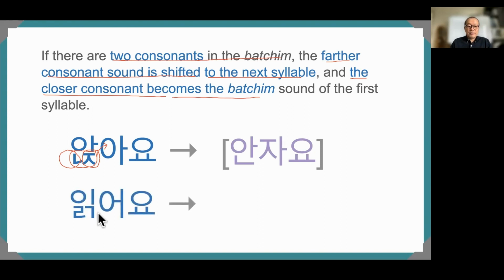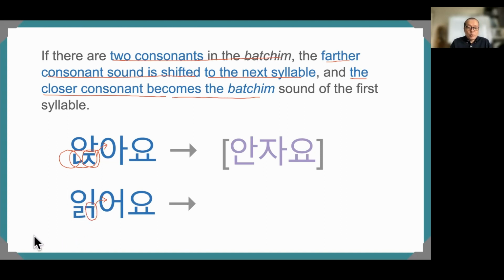The same rule, because there are two final consonants, two consonants in the 받침. So same rule. This further consonant is shifted to the next syllable, and this closer consonant will be the 받침 here.